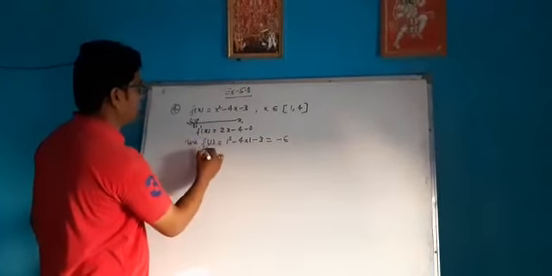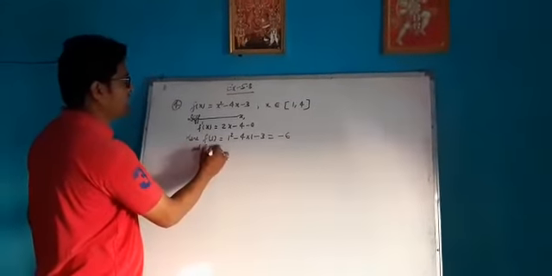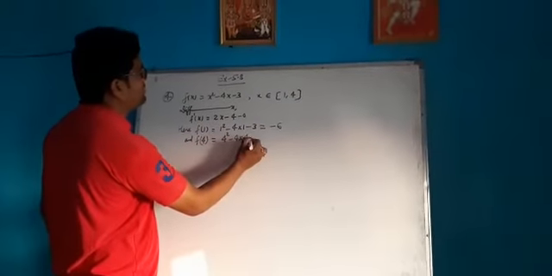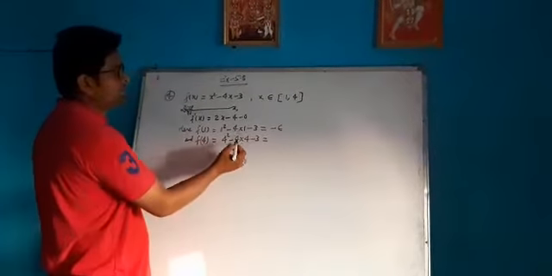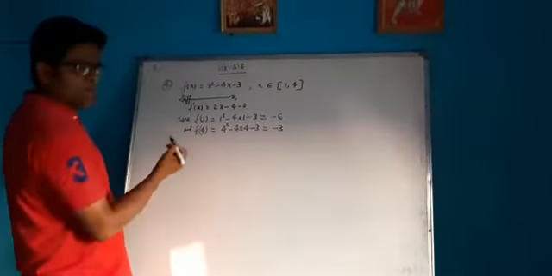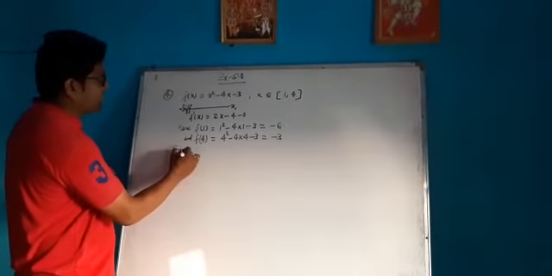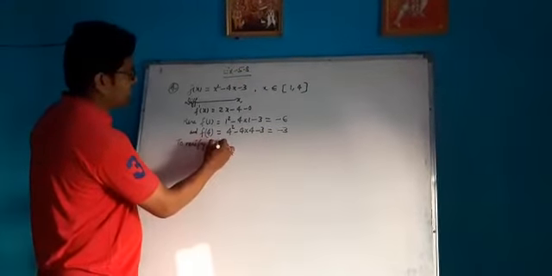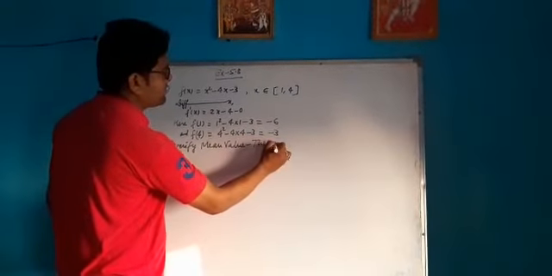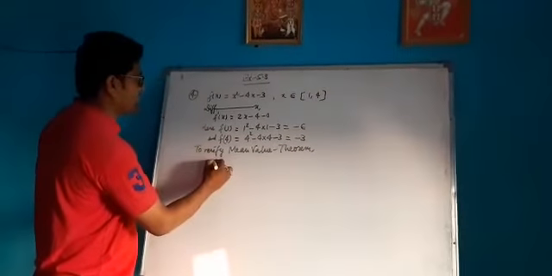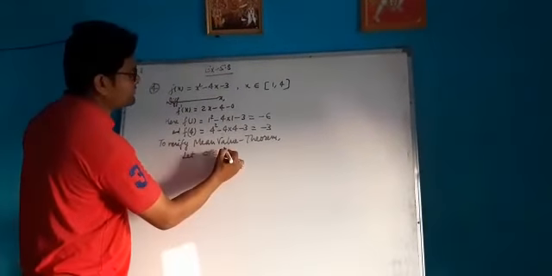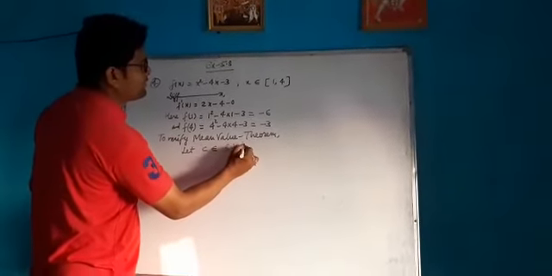Then f of 4 is equal to 4 square minus 4 into 4 minus 3. So 16 minus 16 cancels, minus 3 is left. Now you can start with the mean value theorem. To verify the mean value theorem, let c belong to the open interval 1 to 4.